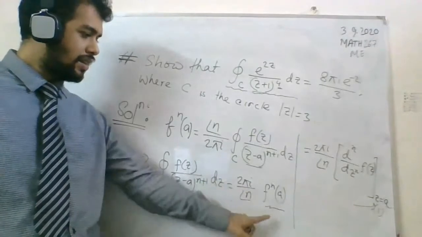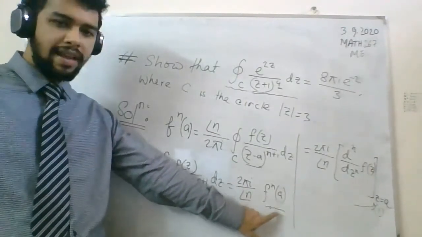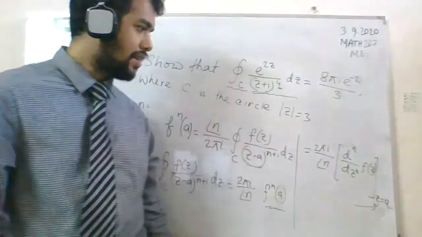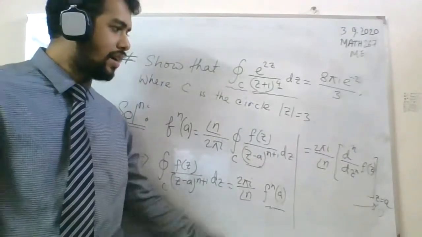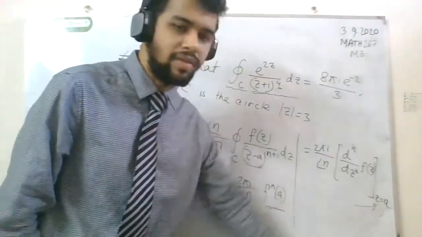And here also simplify this equation in this way, which is f^n(a). You can write this term in this way, which is d to the power n divided by dz to the power n f(z), where z equals a, the limit.